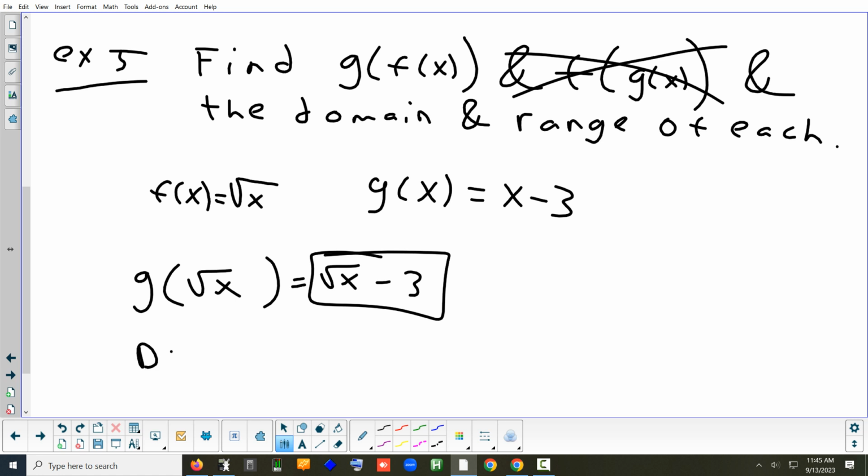Now let's look at the domain. Start with the inside function. Is there any restriction on what kind of numbers you can take the square root of? Yeah. It cannot be a negative. So that means we have to pick 0 and higher. Now look at the final answer. Is there any kind of numbers you can't take the square root of? Yeah.